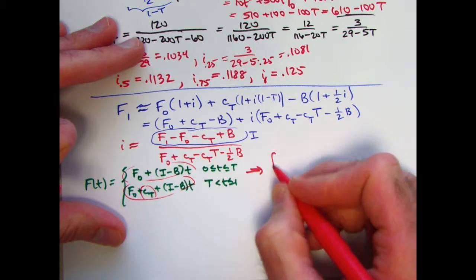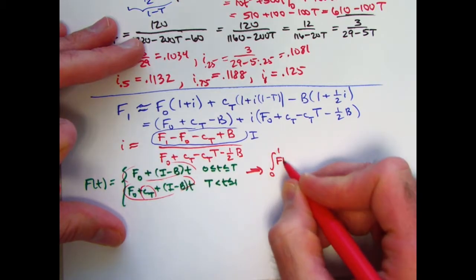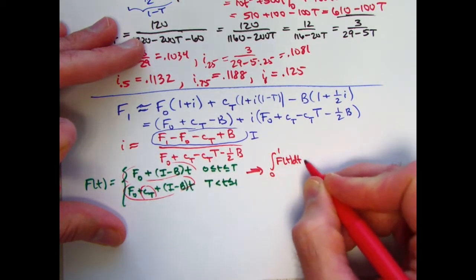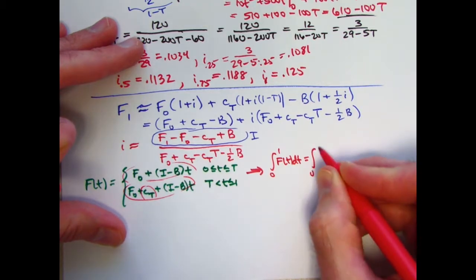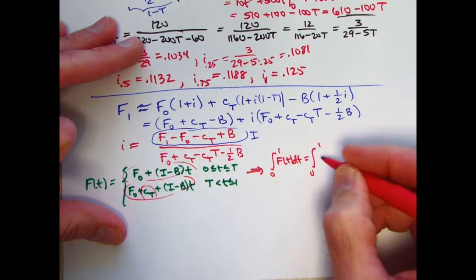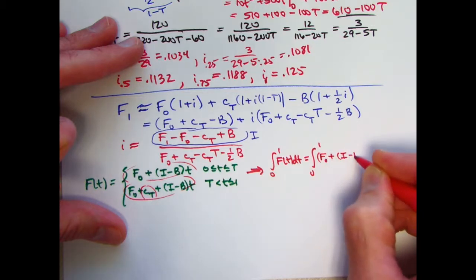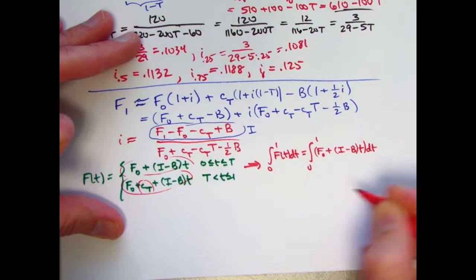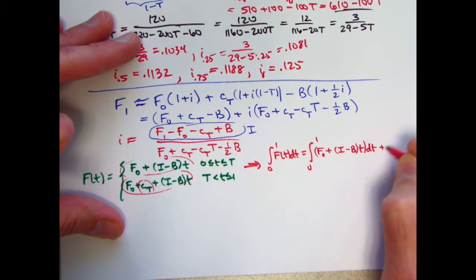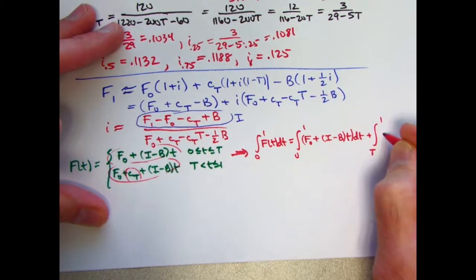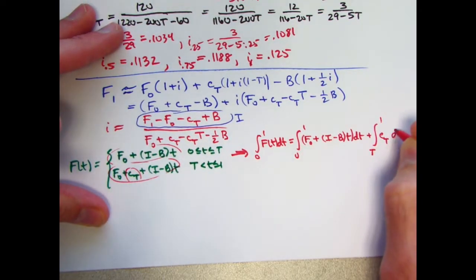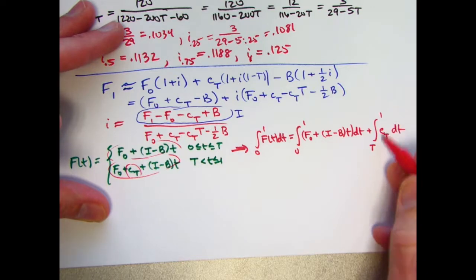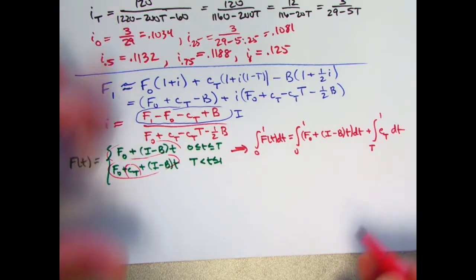So the integral from 0 to 1 of the whole function could be thought of as an integral from 0 to 1 of the initial piece, F0 plus (I minus B) times t, and then add on the integral from capital T to 1 of just that extra piece there, C sub t. Okay, and that'll be C sub t times the length of the interval, which is 1 minus T.